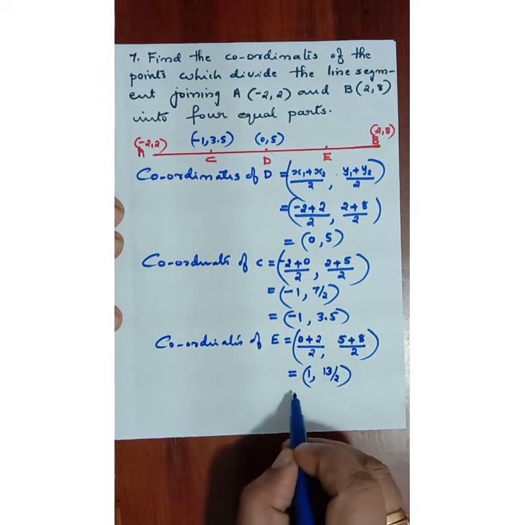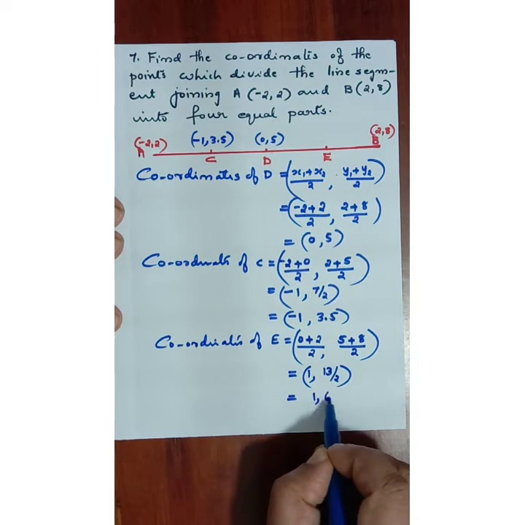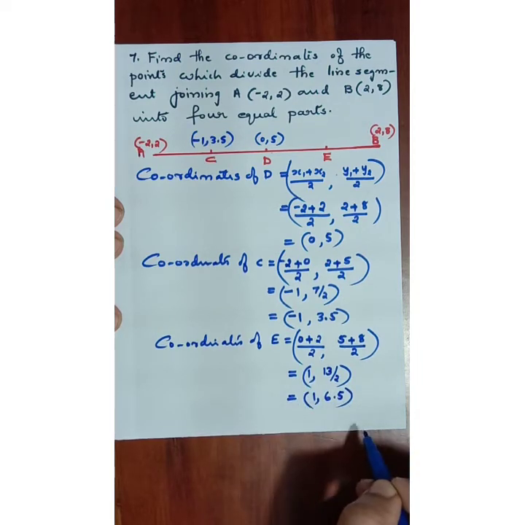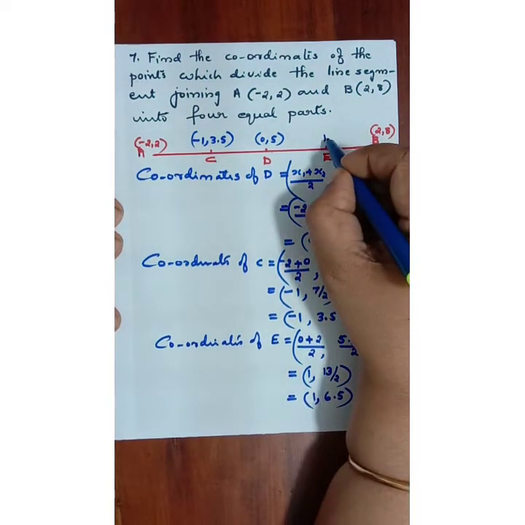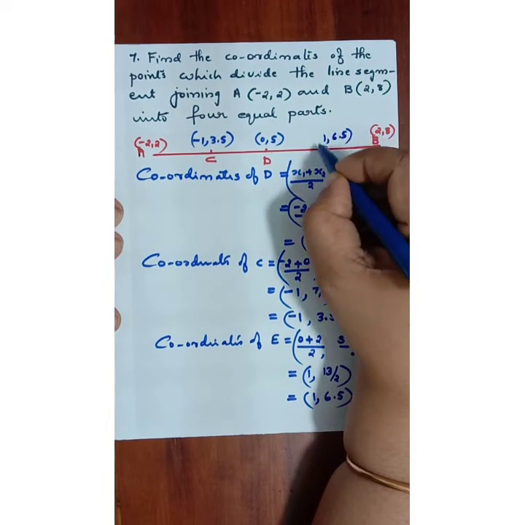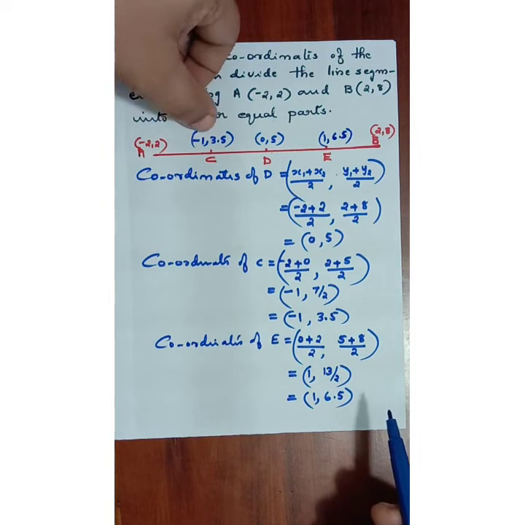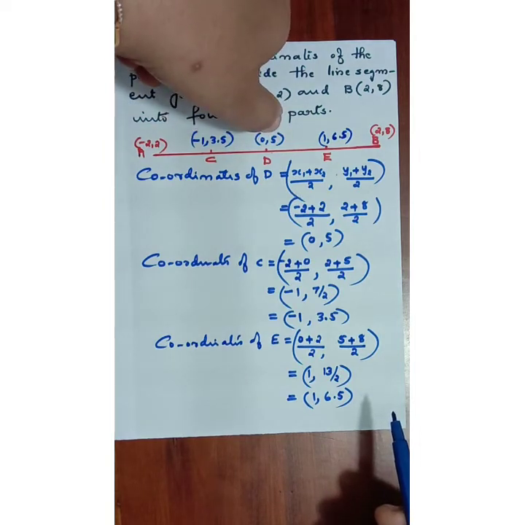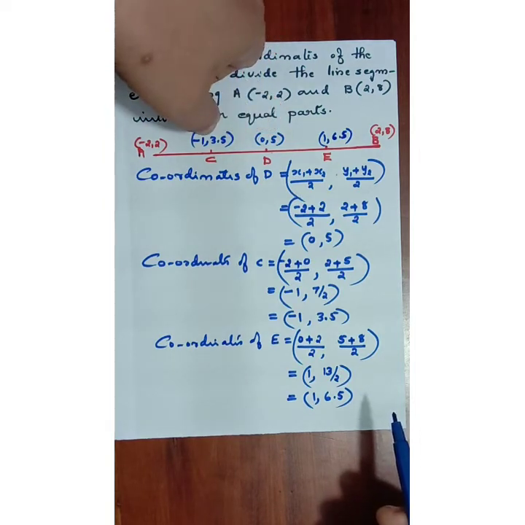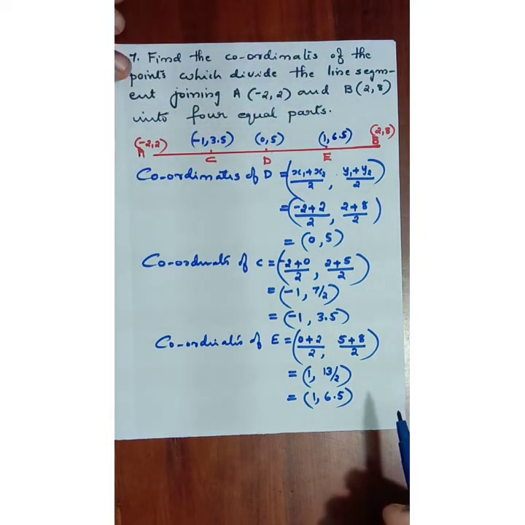What is 13 by 2? Isn't it 6.5? So 1, 6.5. Better you write it in words. Therefore, the coordinates of D is equal to 0, 5. Coordinates of C is equal to negative 1, 3.5. And coordinates of E equal to 1, 6.5.